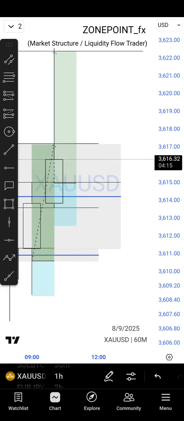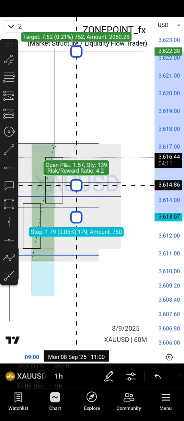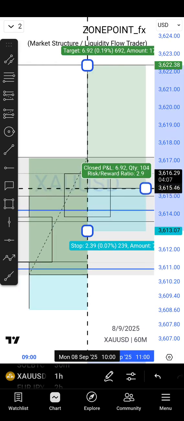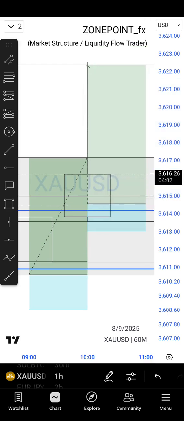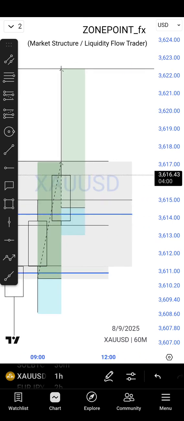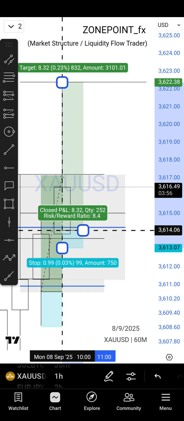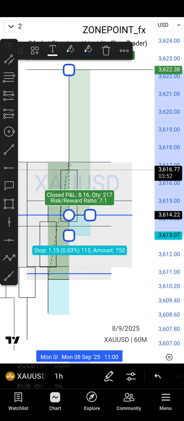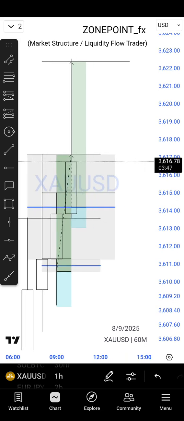This is what I'll be expecting, but I can tighten it if you want to. Let's just leave it like that. Hope we see the test like our former result, that it plays out the way we want it to. Let's just put it to that level, the body wick here.